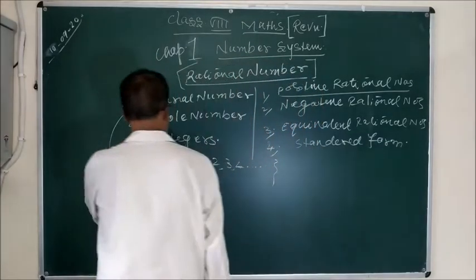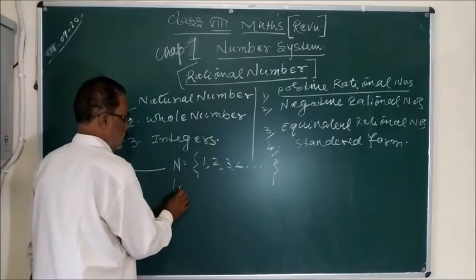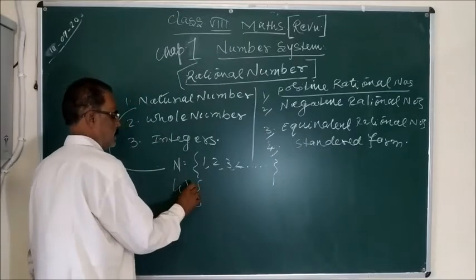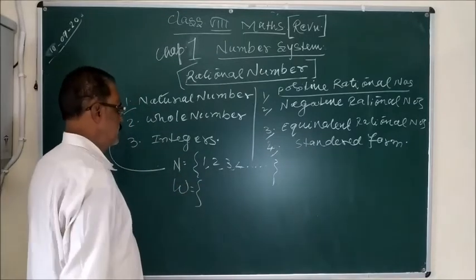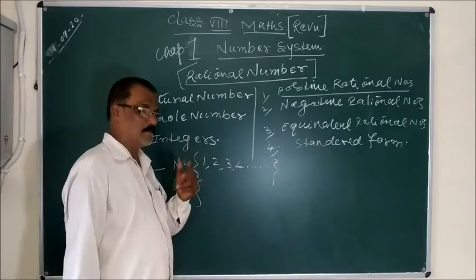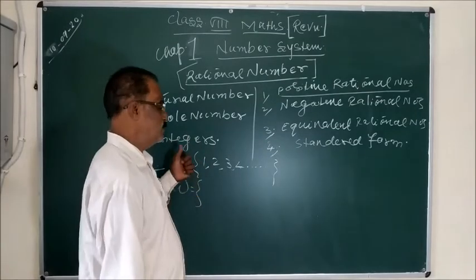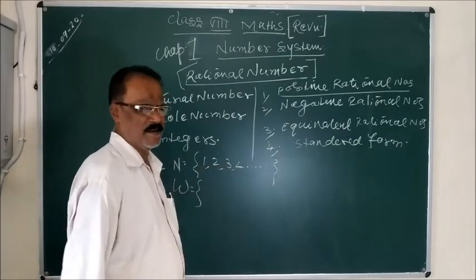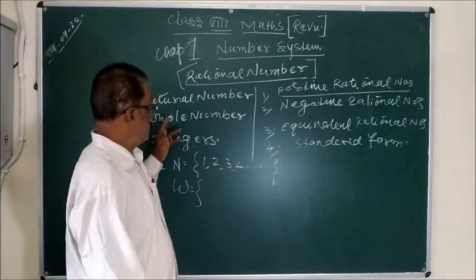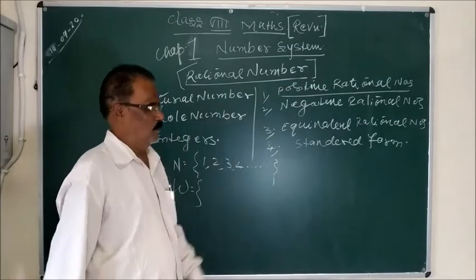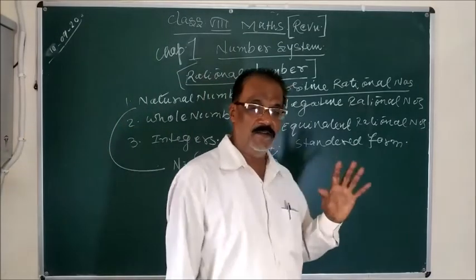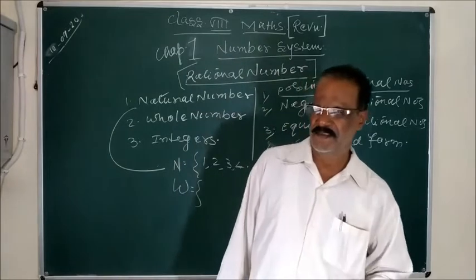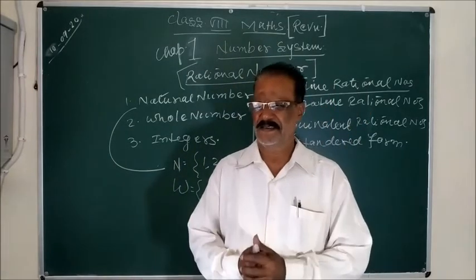Now you see whole number. Whole number generally denoted by W. If I say short form, WHOLE, तो W से जनरली हम डिनोट करते हैं. If you include 0, zero is a very, very important digit in mathematics.